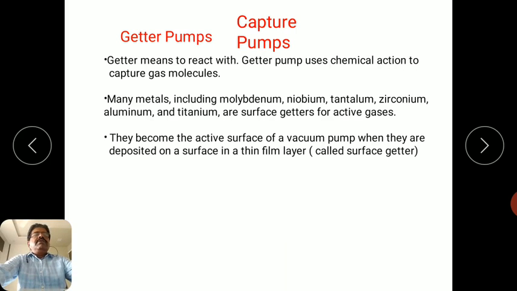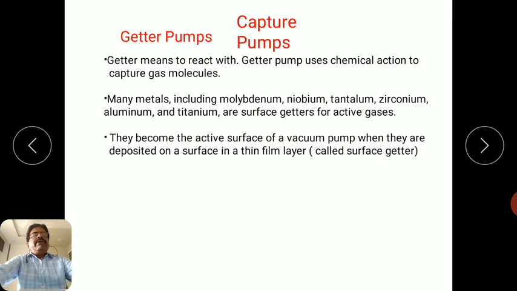Now in this particular type, the first one is getter pump. The word getter means to react with. In the introduction I told you that capture pumps work on the principle of certain types of chemical or physical reaction with the gas molecules, where they are captured inside the vacuum chamber.